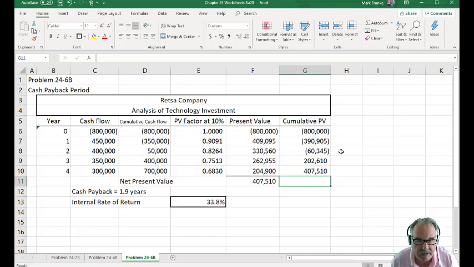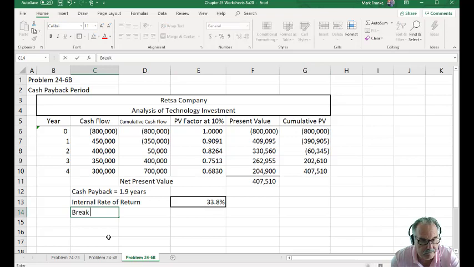The break-even time is the cash payback using present value amounts.